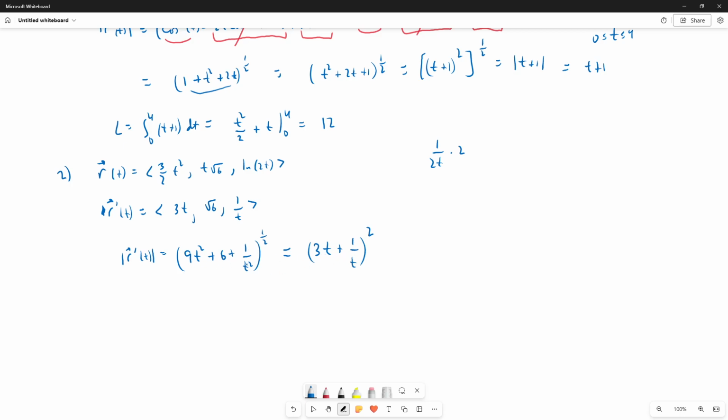If we square 1 over t, we get 1 over t squared. And then if we do the 2ab middle term, 2 times 3t times 1 over t is 6, because the t's cancel. So that's the sum of the squares, and then we have to take this to the 1/2 power.